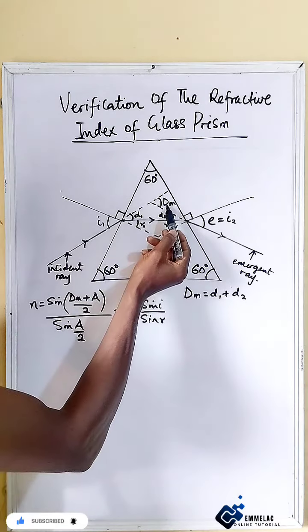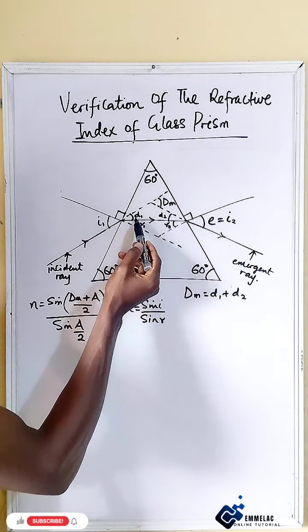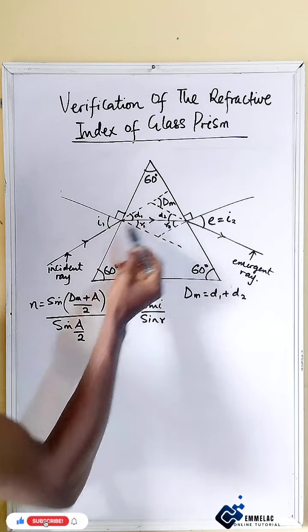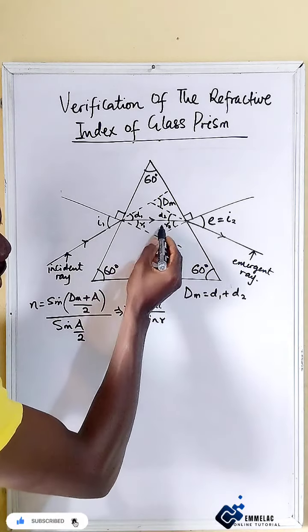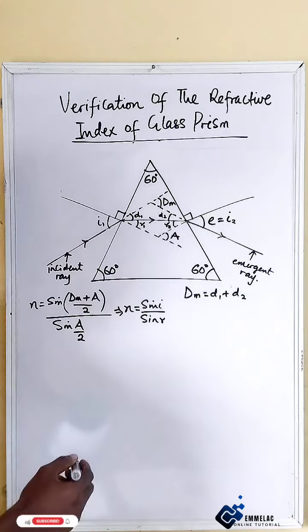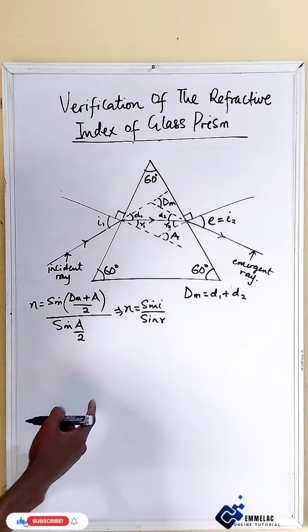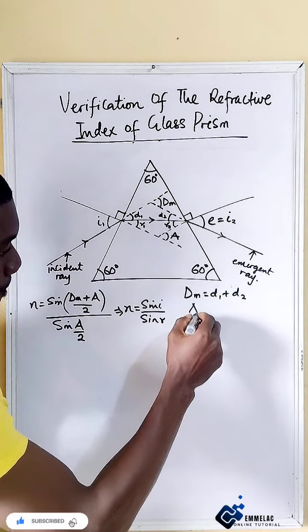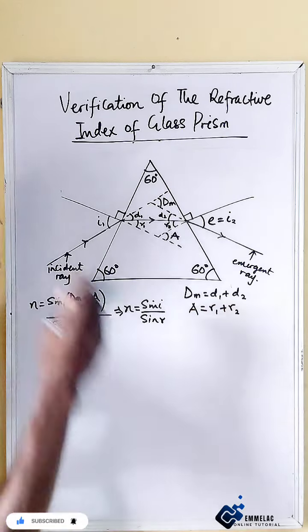So Dm, the minimum deviation, equals the sum of the two interior angles here. In the same vein, here is the refracting angle, which is 60 degrees. So we have that A equals r1 plus r2.